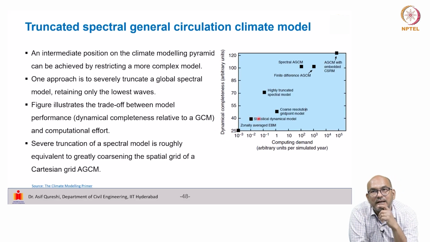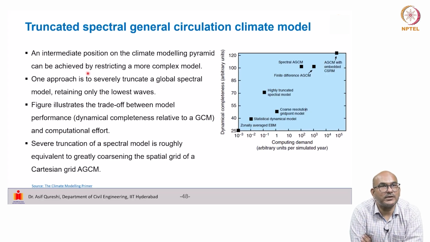Then we can have the statistical dynamical model and the truncated spectral model, which are somewhere in between. Computing demand is almost 10 to the power 5 or 6 times lower, and the completeness is less than half. So, this is a judgment of how much we want to compromise and still have a reasonable computing demand.